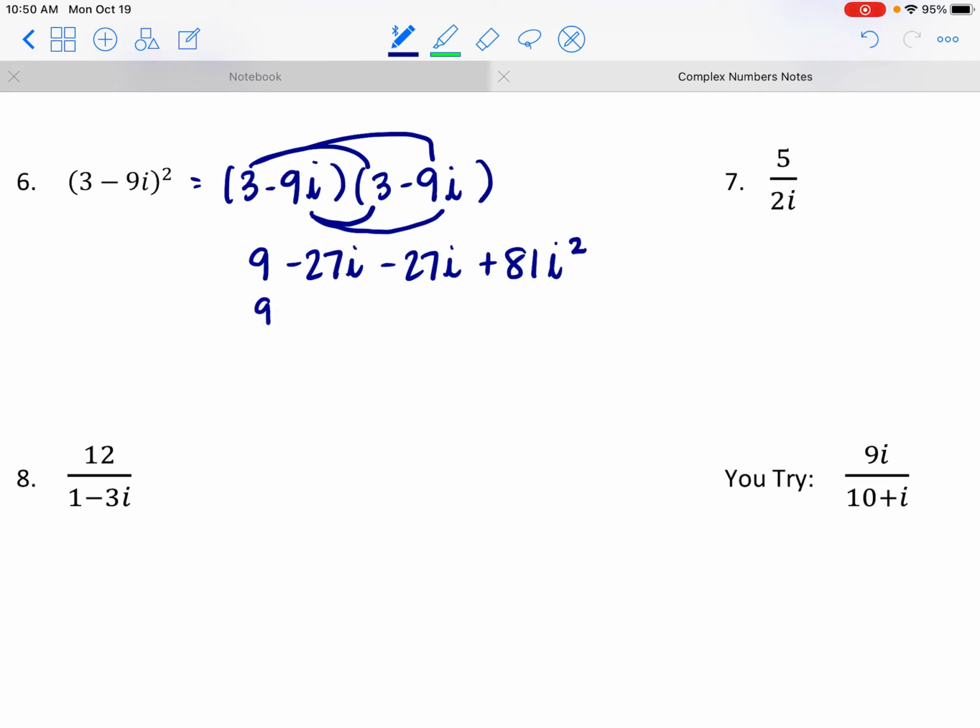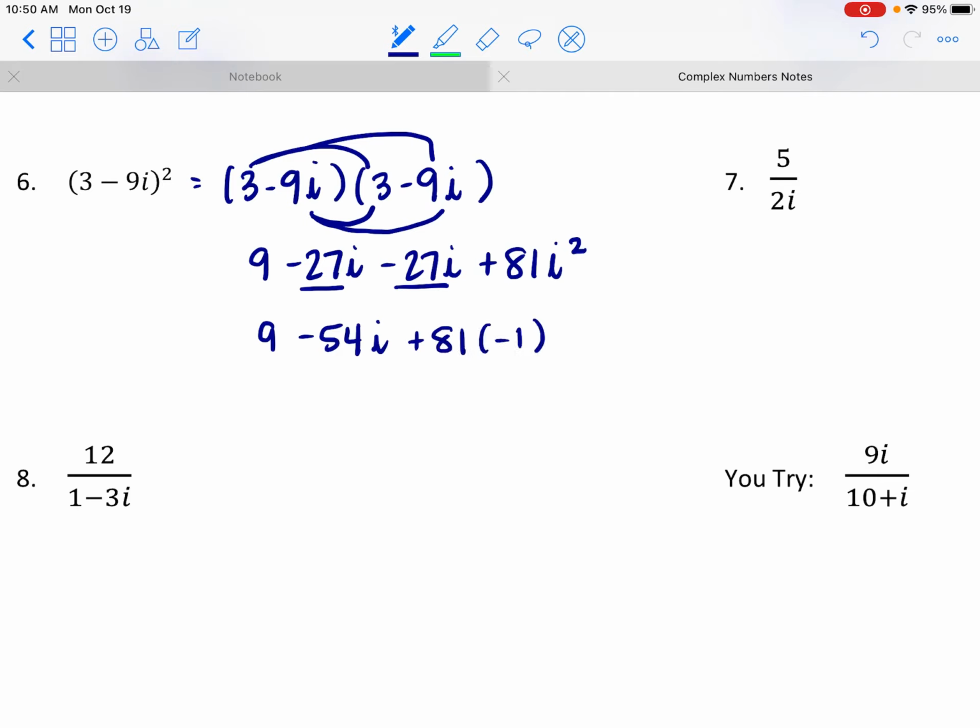Okay, so we can simplify a little here. This 9, let me leave that alone for a second. I know that I can combine these like terms. So 9's going to come down, combine the like terms here. Negative 27i and negative 27i is going to be negative 54i. And then I know i squared is going to get replaced by negative 1, so this is really 81 times a negative 1.